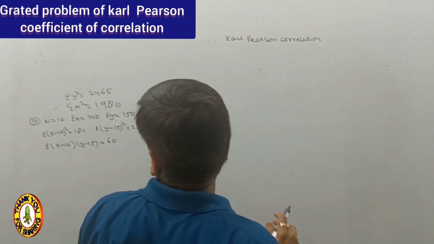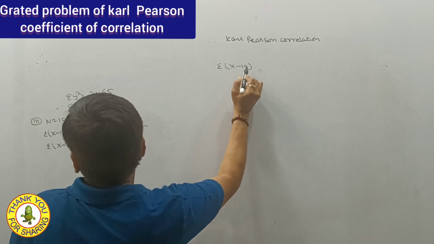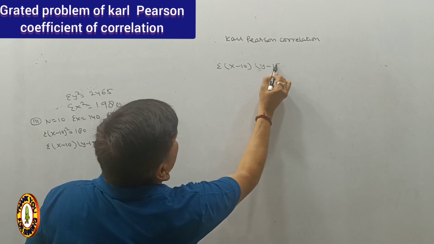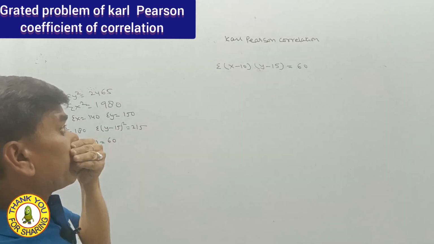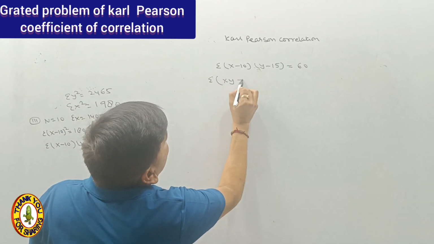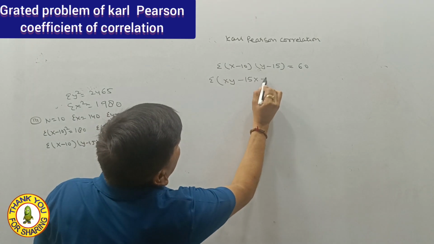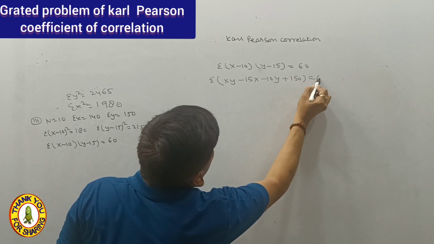We want sigma xy. We have given sigma x minus 10, y minus 15, that is given 60. Okay. Multiply both of them. Xy minus 15x minus 10y plus 150, that is 60.